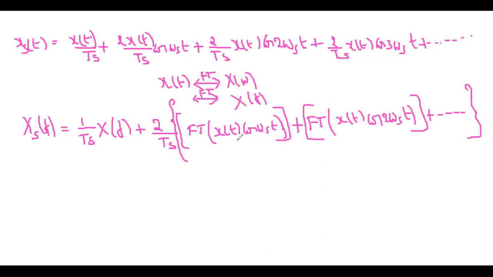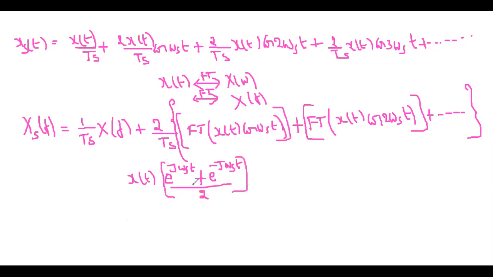Now what is the Fourier transformation of x of t cos omega s t? How can we write cos omega s into t? It is e power j omega s into t plus e power minus j omega s into t, divided by 2, my dear students.